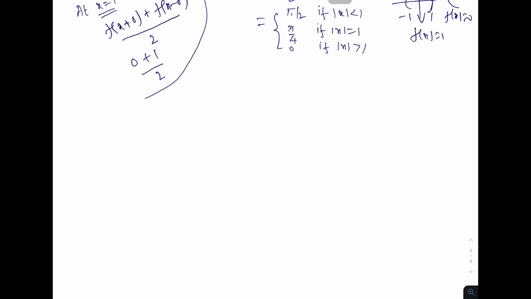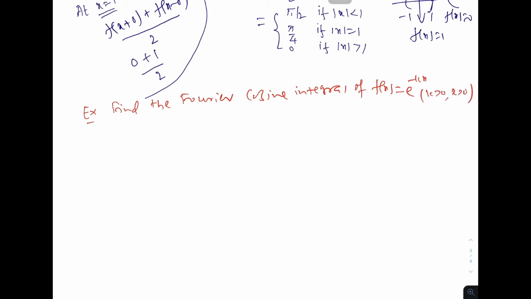So find the Fourier cosine integral of f(x) = e^(-kx), where k is positive and x is also positive.